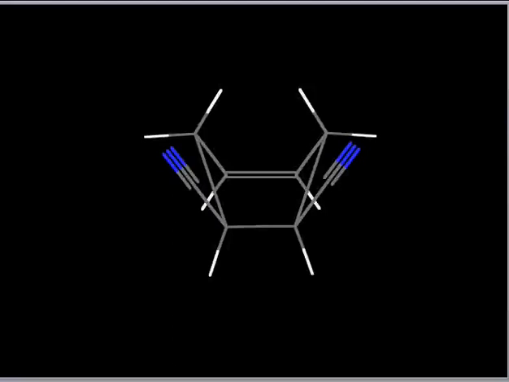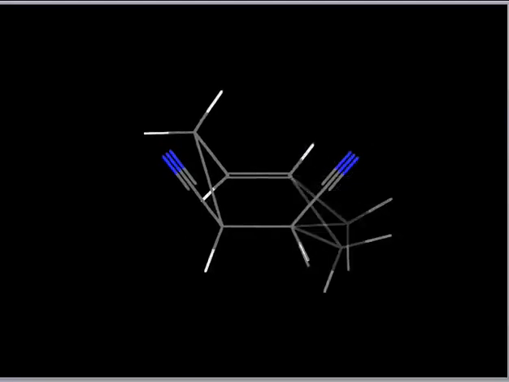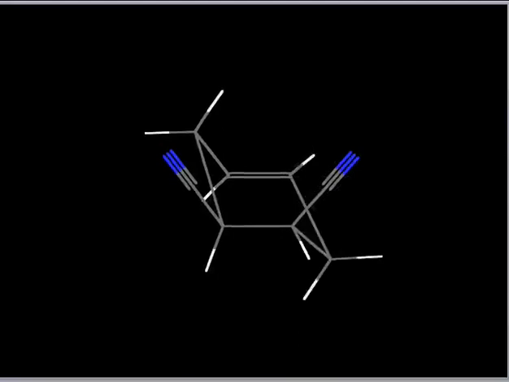Now, what did we always do with boats? We always converted boats into chairs. To make this into a chair, we just need to grab the end here and move it down. So let's do that. Slowly moving this down until we get into a chair conformation.